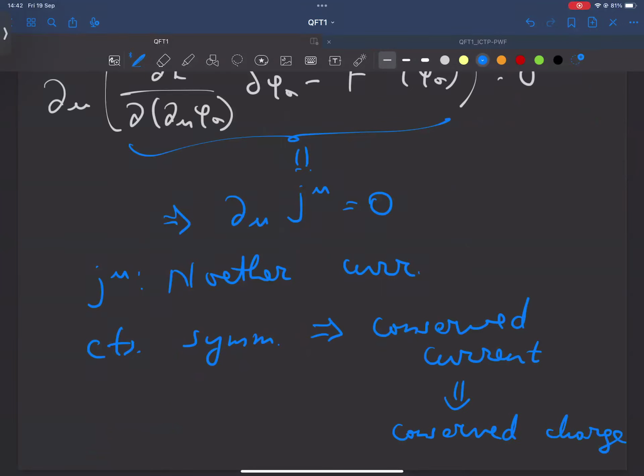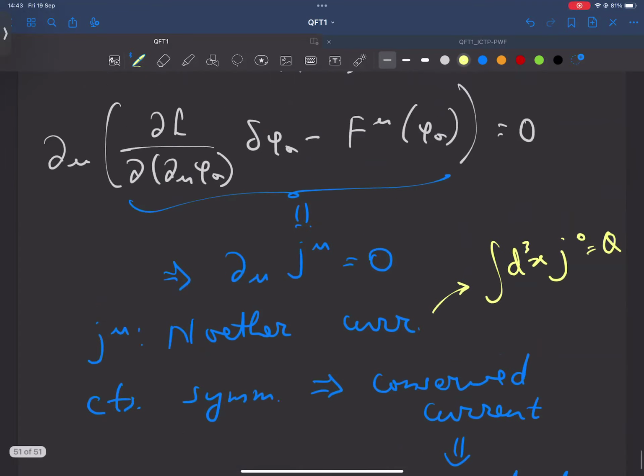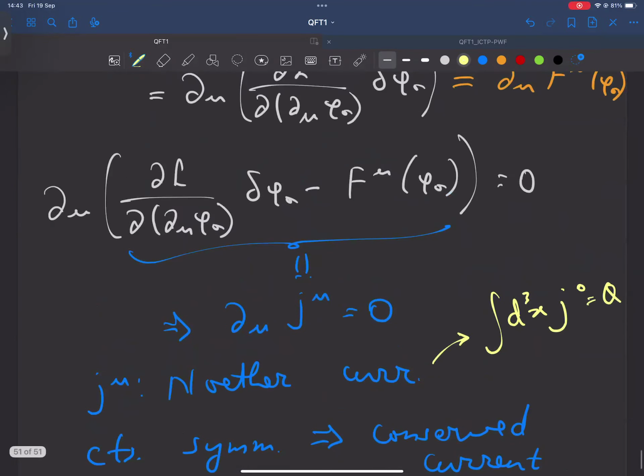For instance, in this case, the conserved charge is just the volume integral of the J0 component. So that gives you the charge Q. And because the charge is conserved, you can write down that its time derivative is 0. So that's another way to prove Noether's theorem.